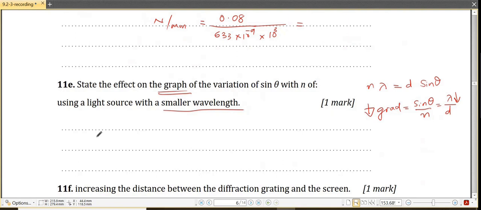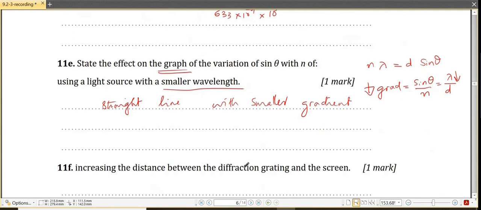So we will get a straight line with smaller gradient, because the question is asking for the effect on the graph. So therefore I'll write a smaller gradient.